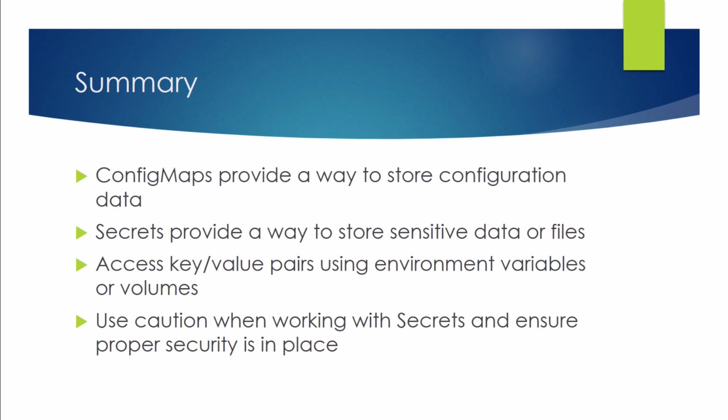We have also seen how secrets can be used to store sensitive data in our applications and how we can use very similar techniques as config maps to get to that sensitive data and expose it to the containers running in those pods. The two main ways we looked at for both of these were accessing key value pairs using either environment variables or volumes.